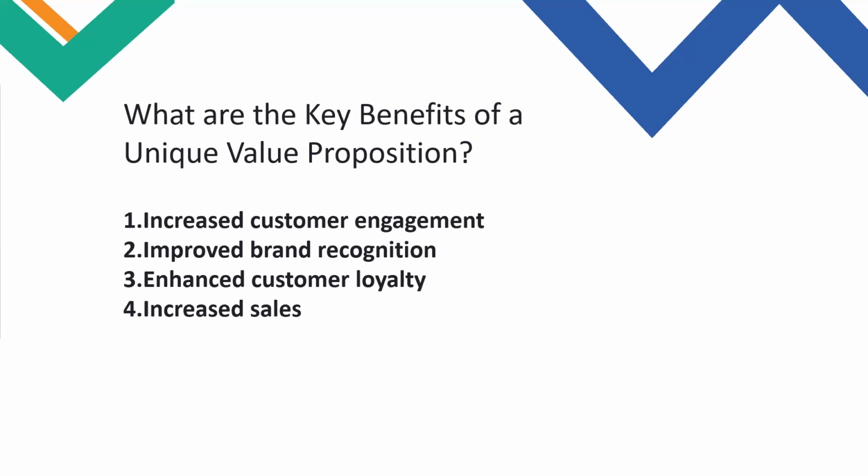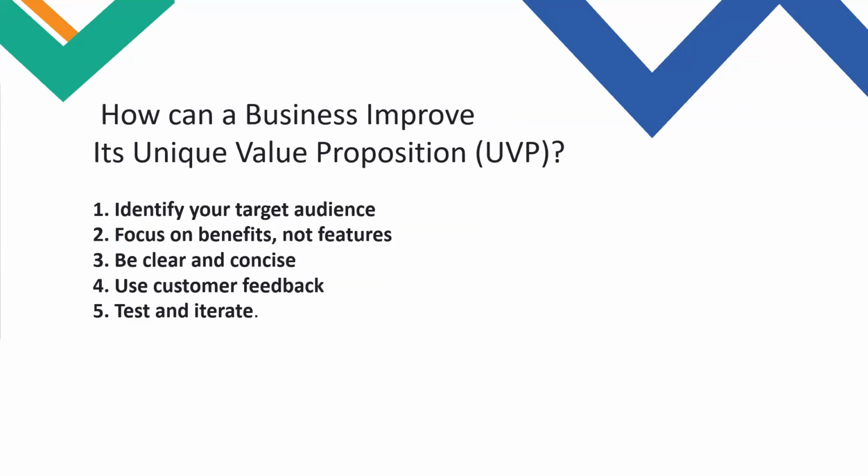The next slide will tell you that the first thing you want to do is identify your target audience. It should speak directly to the needs and pain points of your target audience. Understanding that ideal customer is key to developing an effective UVP.